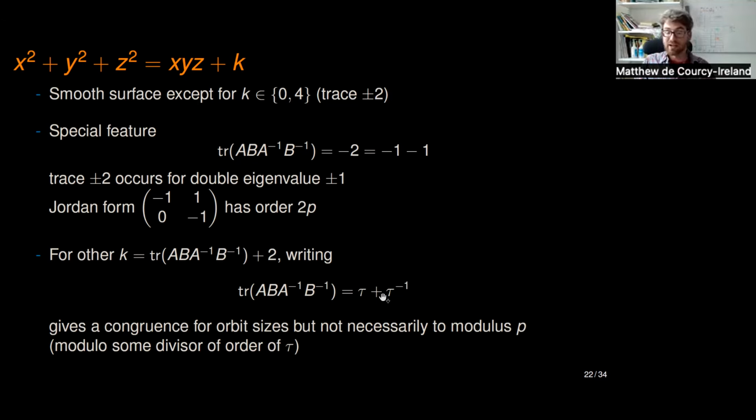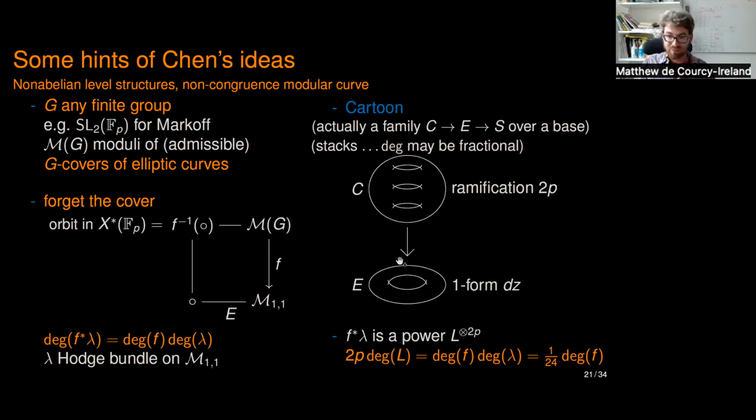So instead of a diagonalizable matrix, you get Jordan form for eigenvalue minus one. So it ends up having order 2p, which is related to the ramification 2p that Chen calculates. So Markov is kind of the most spectacular case where you get a congruence mod p, and p is large enough to complement the bound from Bourgain, Gamburd, Sarnak.